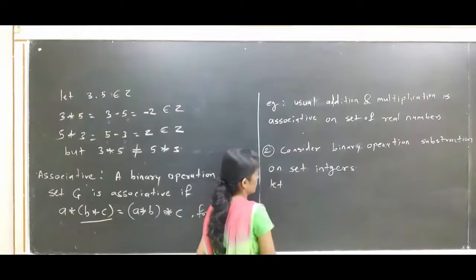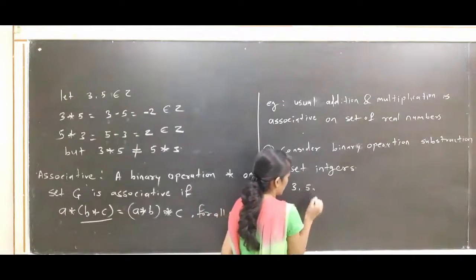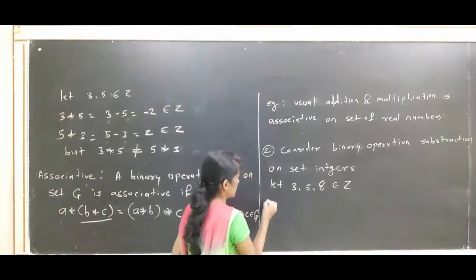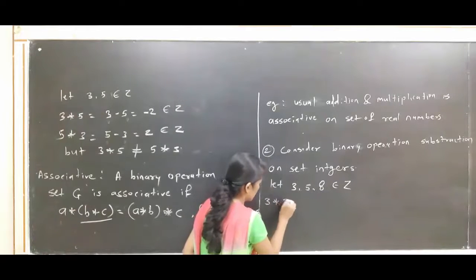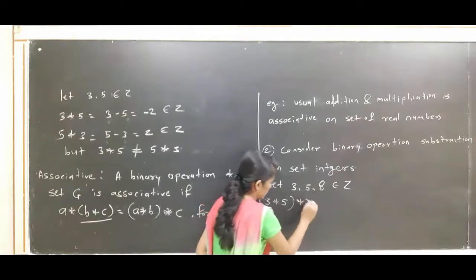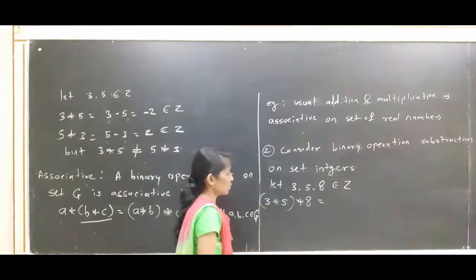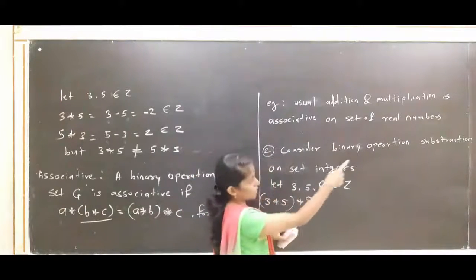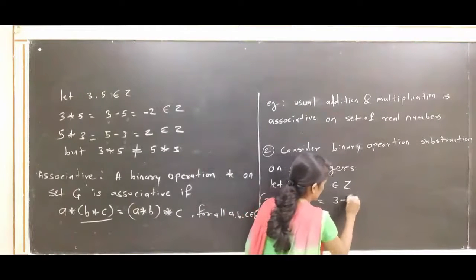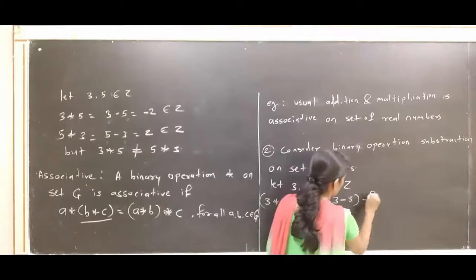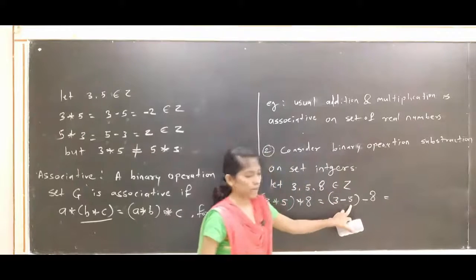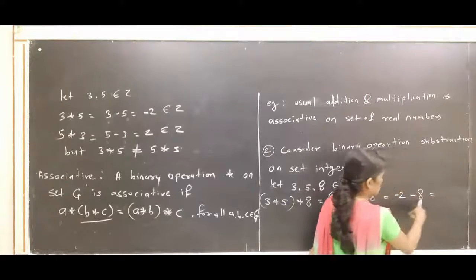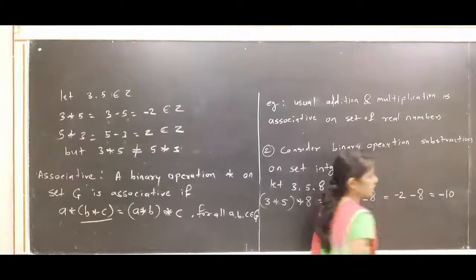So let suppose 3, 5 and 8 belongs to the set of integers. Now first (3 star 5) star 8. Solve this. So first of all we want to solve this bracket. So here binary operation is subtraction. So (3 minus 5) minus 8, which is equal to 3 minus 5 is minus 2, minus 8. Minus 2 minus 8 is minus 10.